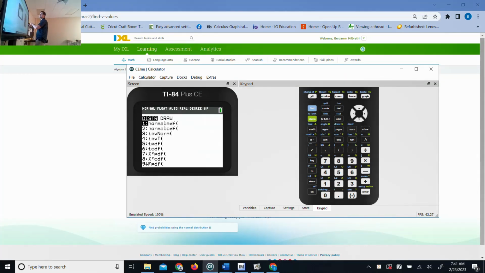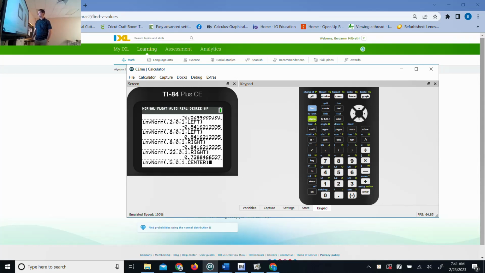Second vars, inverse norm. The area here was the middle 50, so 0.5. That's the same. And we have a center. Enter. Paste. And there's your two values. It returns it to you with the brackets there.